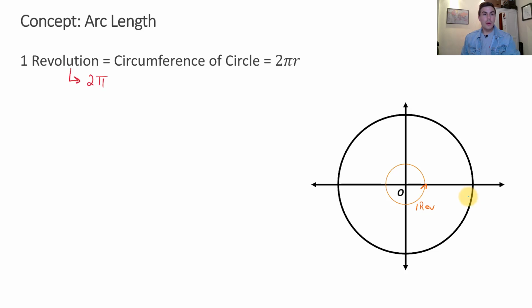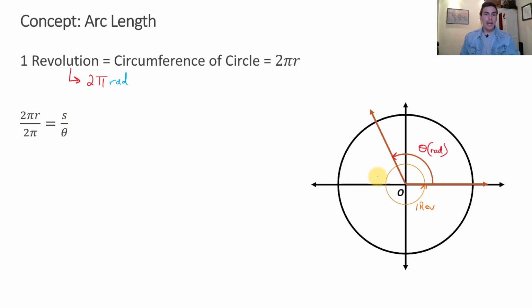We know that 1 revolution in terms of radians would be 2 pi radians, as we said on the last slide. Now it turns out that the relationship between that circumference, that arc length, and this angle of 2 pi radians is equal to any arc length with any of the matching degrees and radians.